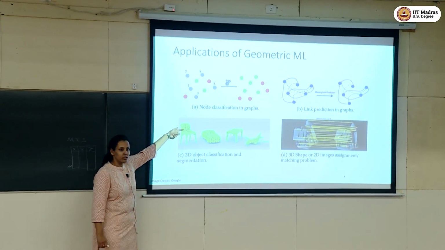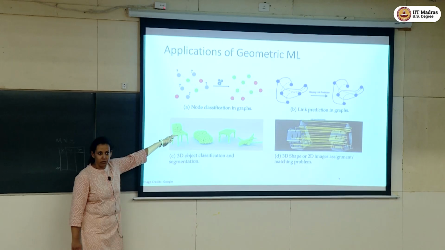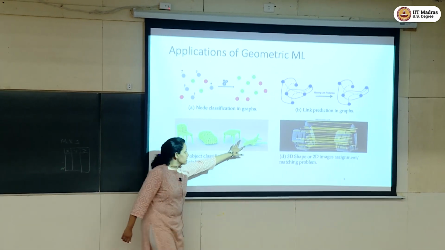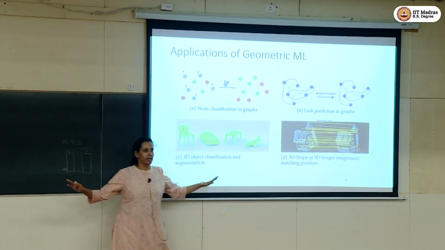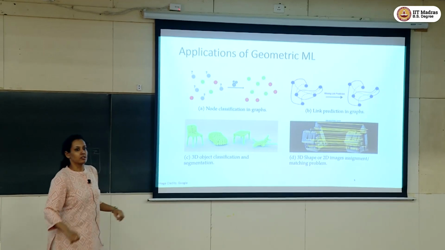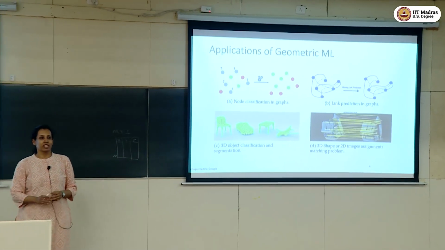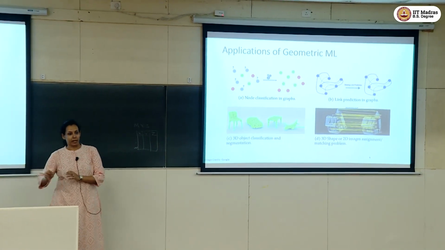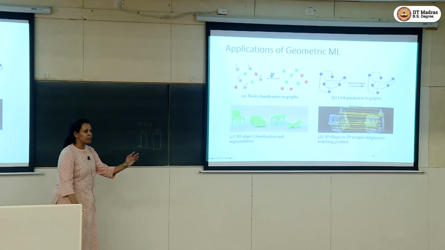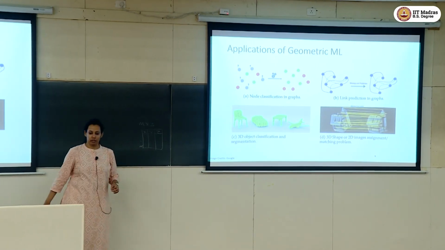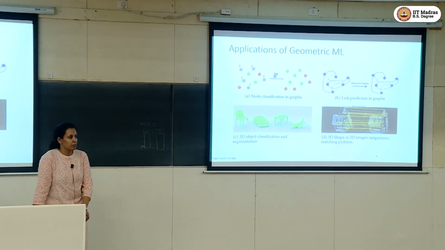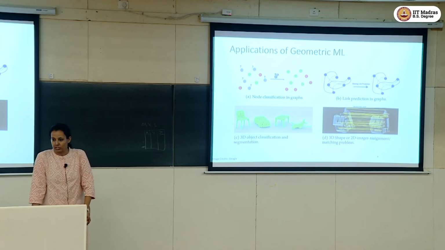This is the backrest of the chair. This is the seating area of the chair, right? These two are the wings of the aeroplane, right? So this is called segmentation, where you are segmenting the parts. This is a very popular task. This is also there in images, if you have heard about image segmentation, right?